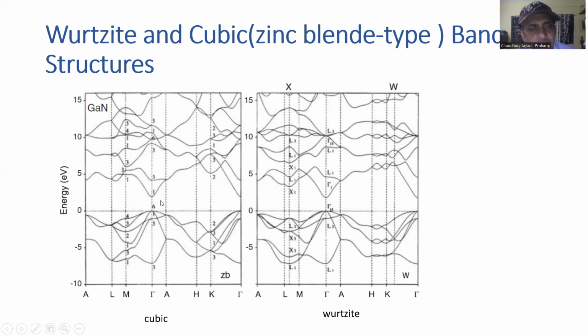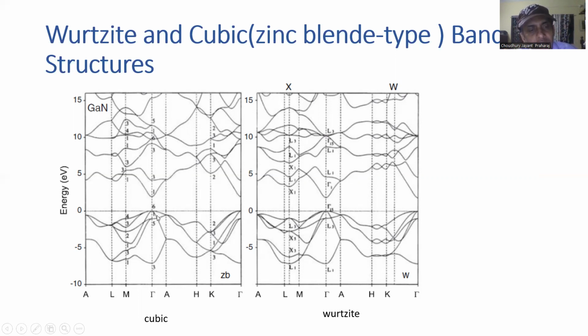And for optical properties, it's not just the properties close to the conduction band minimum and valence band maximum, but also far deep inside the band, because absorption can take place not just close to the band gap, but also far above the band gap.